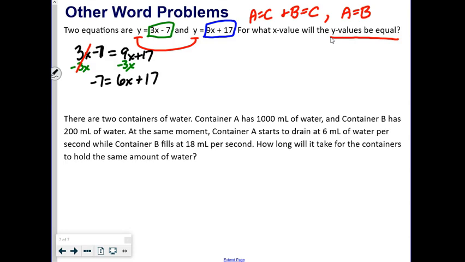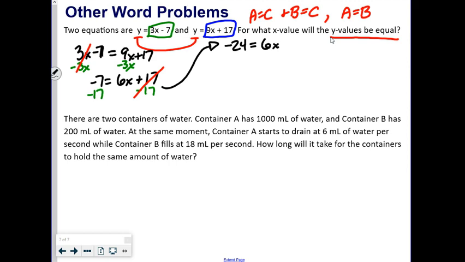Now we can solve a two-step equation. So take care of the addition by subtracting. Do that to both sides. What is that? Negative 7 minus 17 can be tricky. That equals negative 24.